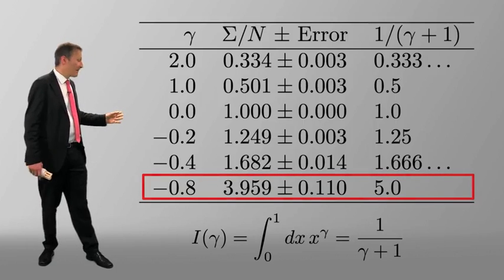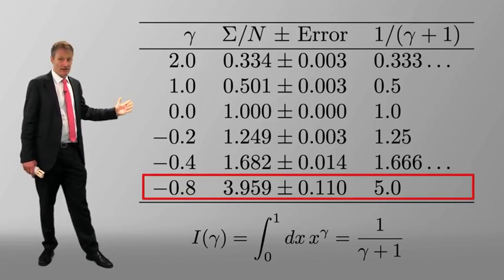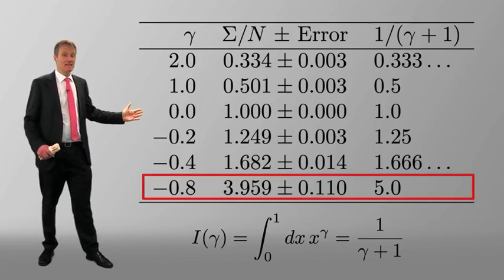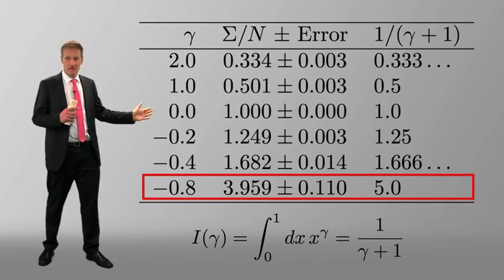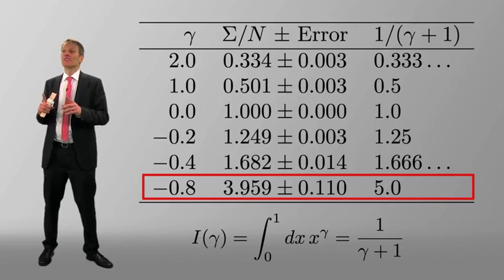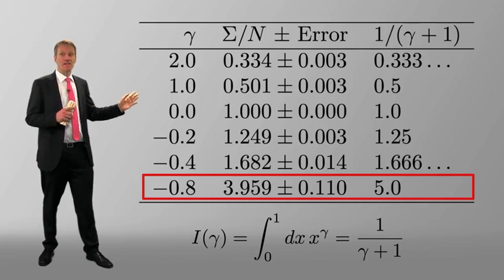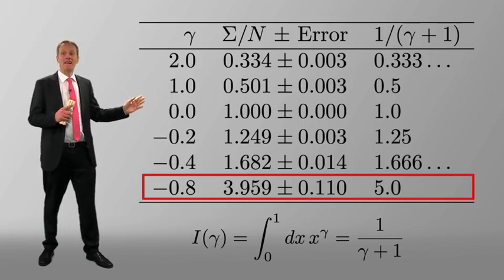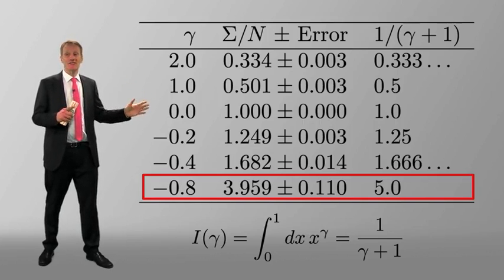But for gamma equal to minus 0.8, where the program runs just fine, we get the result that the gamma integral is approximately 4 plus or minus 0.1. But this does not agree with the analytical result, 1 over gamma plus 1, so it is 1 over 1 minus 0.8, which is 1 over 0.2, equal to 5.